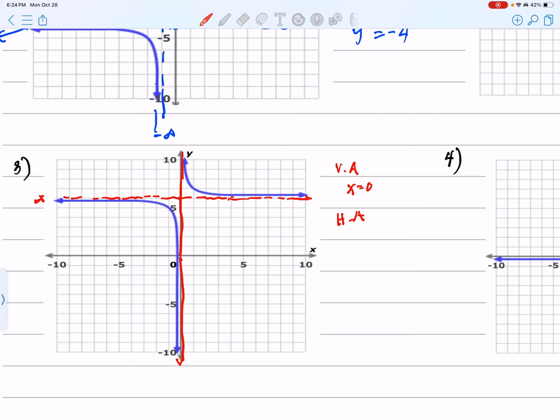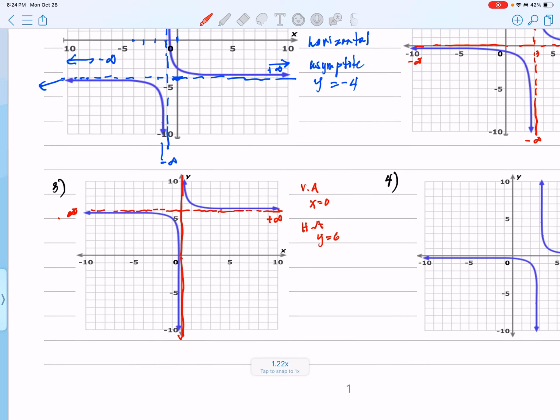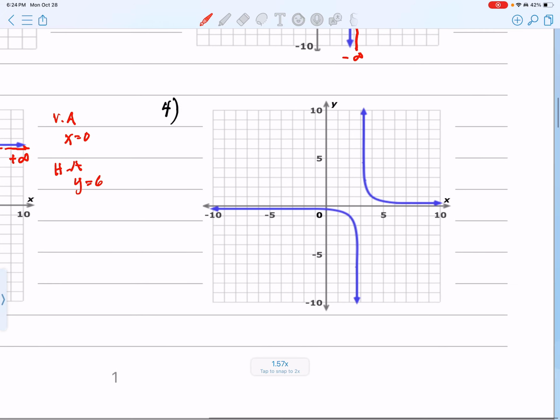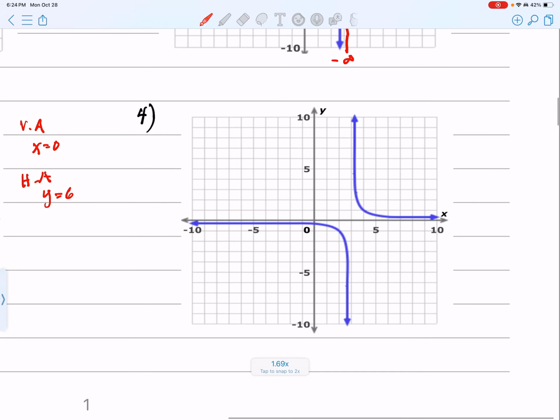This is for negative infinity and positive infinity right there. So when y equals 6, all right, how about number 4? So vertical asymptote, horizontal asymptote.